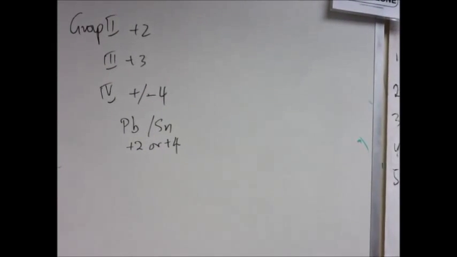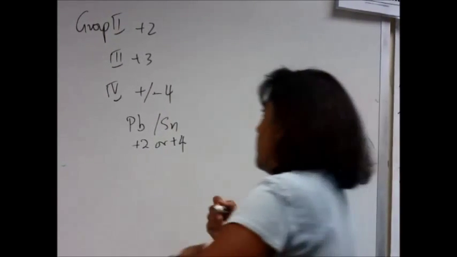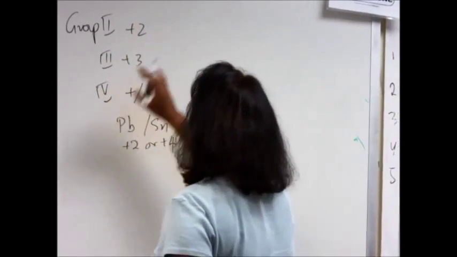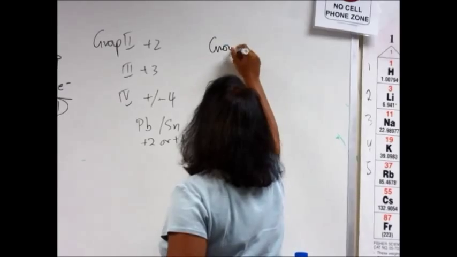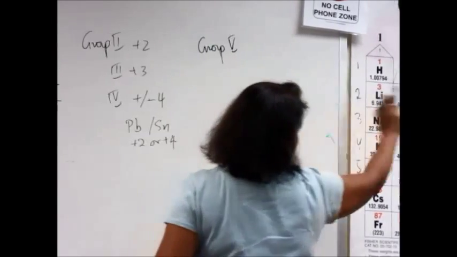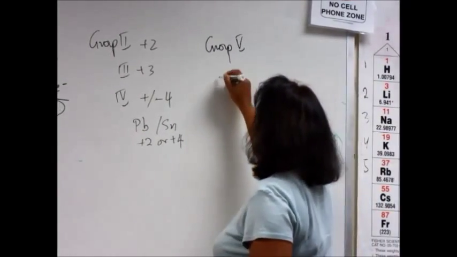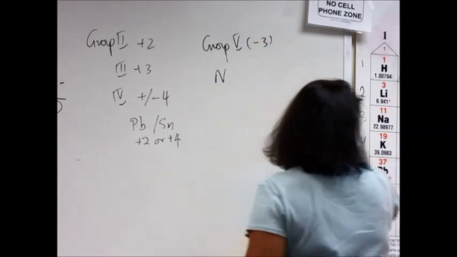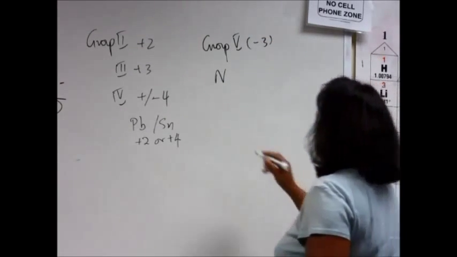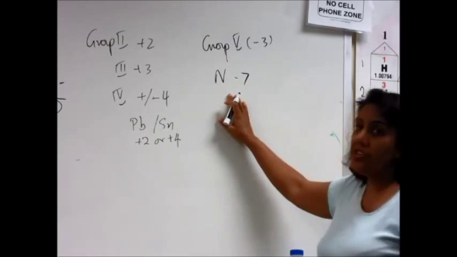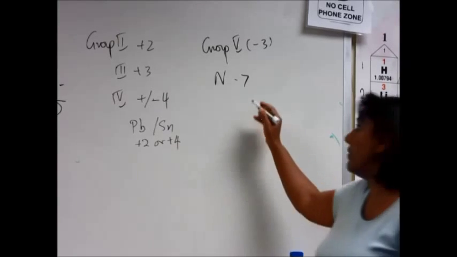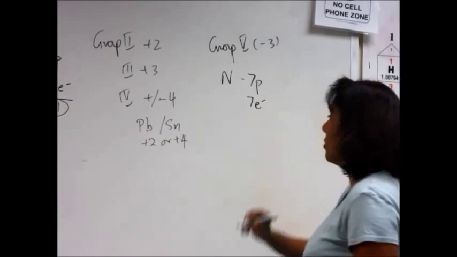Good? All right. Let me give you an example for group number 5, which is nitrogen and phosphorus. So nitrogen, as I said, is -3. It's in group number 5, atomic number 7, which means it has 7 protons and 7 electrons.